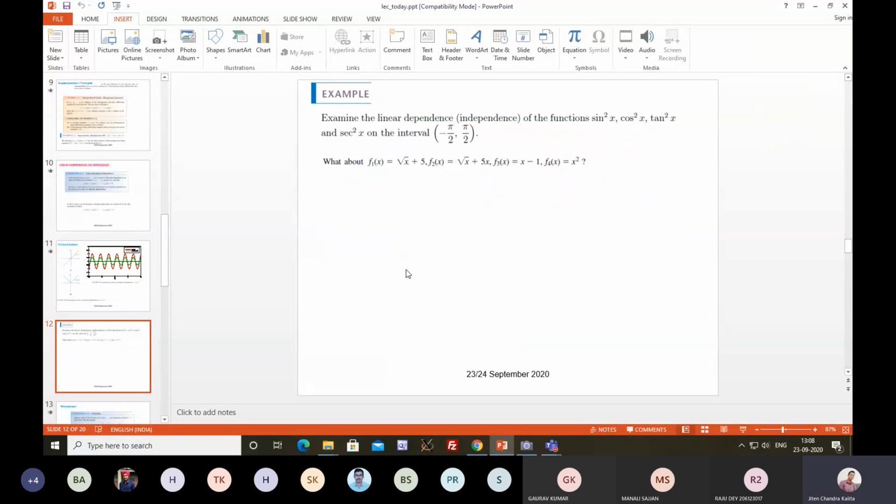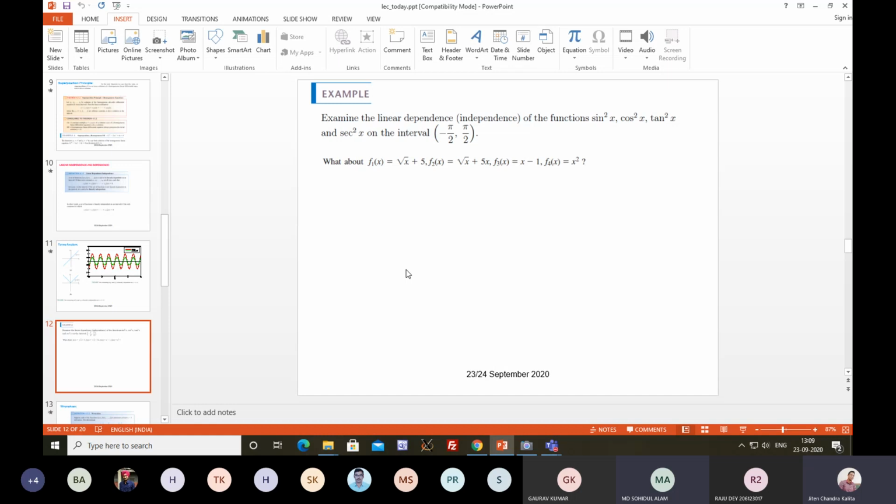This one, the first example. Now I am giving you 4 functions: sin square x, cos square x, tan square x, and sec square x.